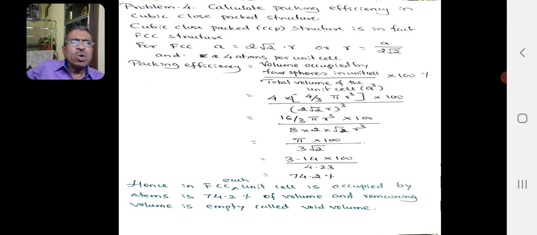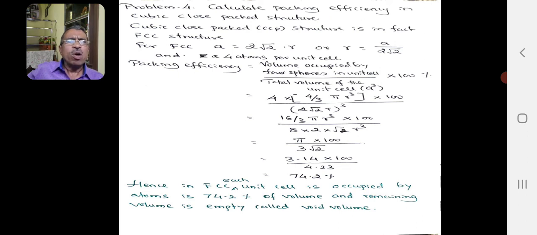This is equal to the volume occupied by the 4 spheres. So 4 into the volume of a sphere, which is given by 4 by 3 pi r cube, into 100 divided by total volume of the unit cell, that is A cube.